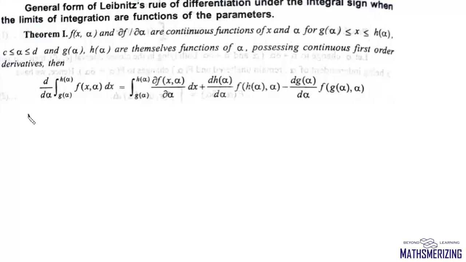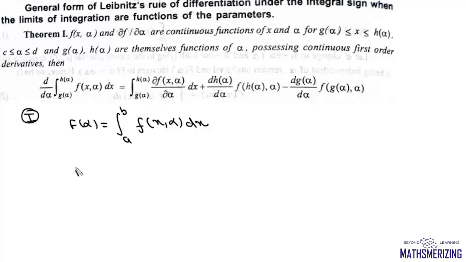Now the first form is, suppose we have an integral where the limits are constant. We have a function f which has some parameter alpha, so it will be the integral from a to b of f(x, alpha) dx. Once we solve this integral, it will be some function of alpha, say capital F(alpha).